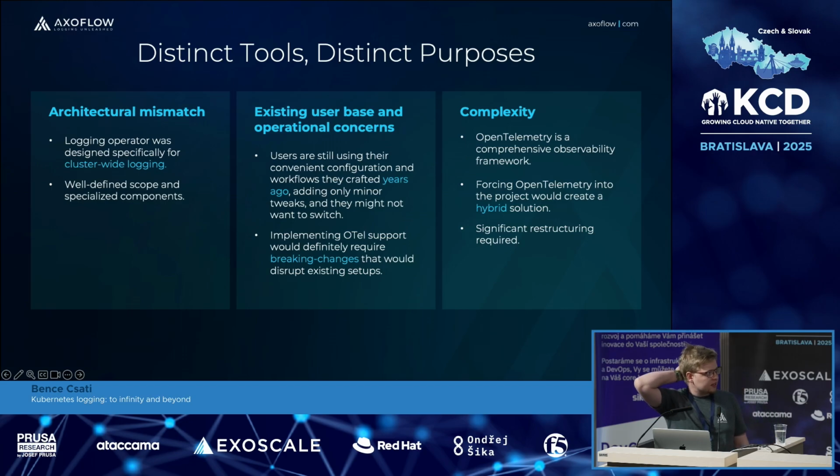So we decided that a better solution would be to develop a separate operator that we design specifically around OpenTelemetry's concepts and architecture, while maintaining the logging operator for environments that need its specialized capabilities for cluster-wide logging.